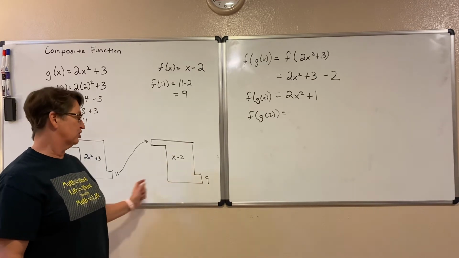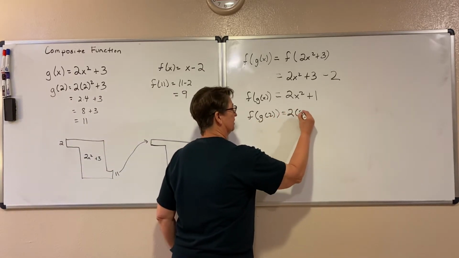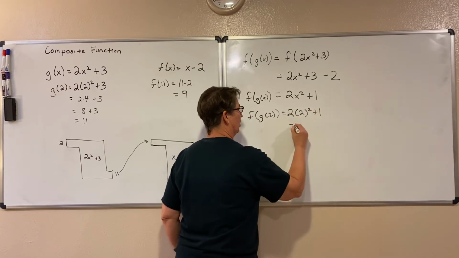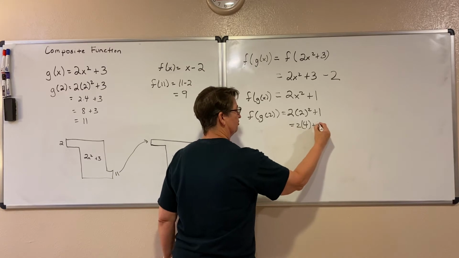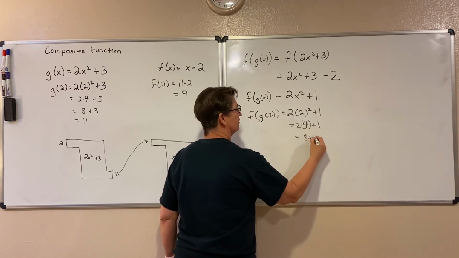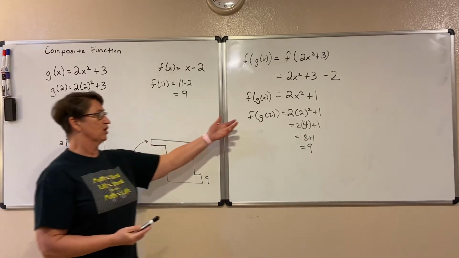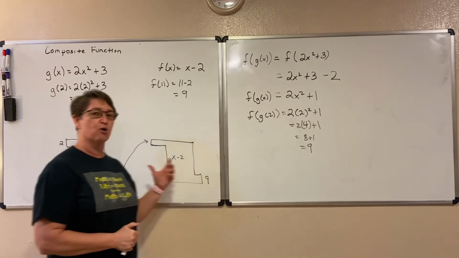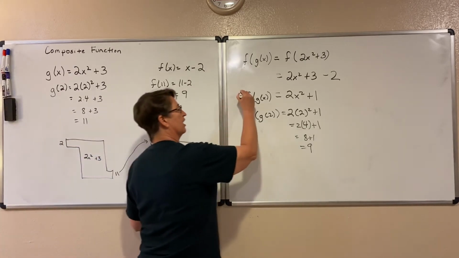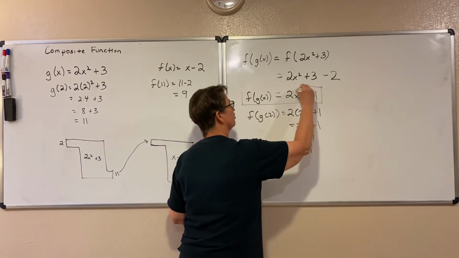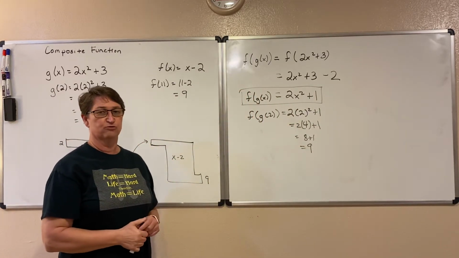This composite function is going to do the work of both of them. So when I put it in, 2 squared plus 1, 2 squared is 4, 4 times 2 is 8, 8 plus 1 really does give 9. So this new function does the work of both of these other functions. This we call a composite function. We've created a new function that does the work of both of those functions.